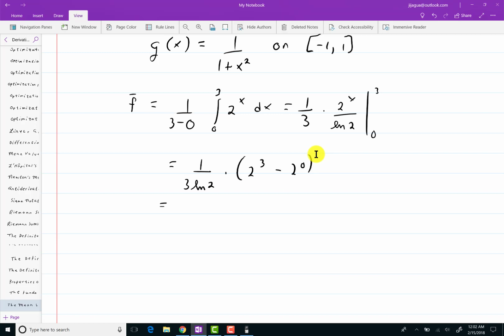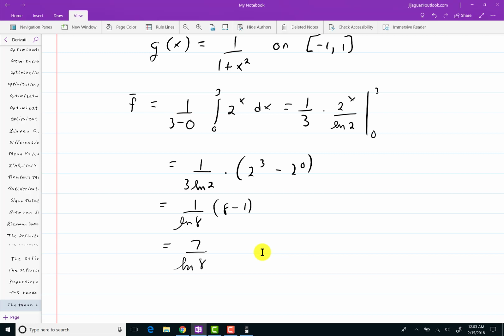I'll make this ln 8, which is a little bit easier. Ln 8 times 8 minus 1, so we have 7 divided by ln of 8.